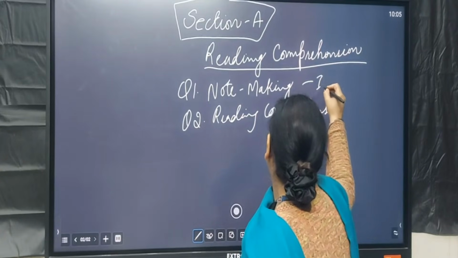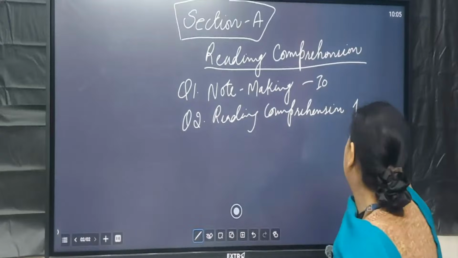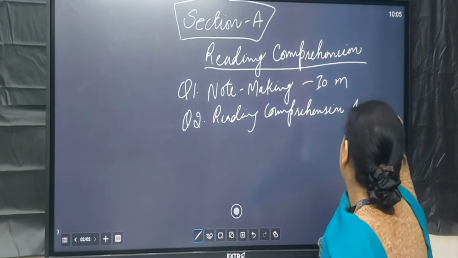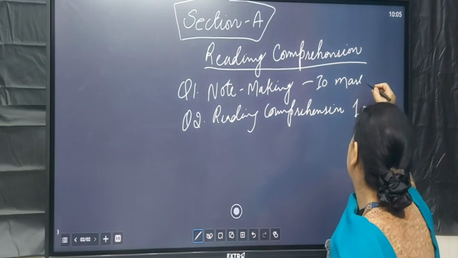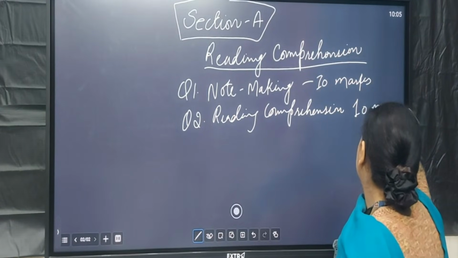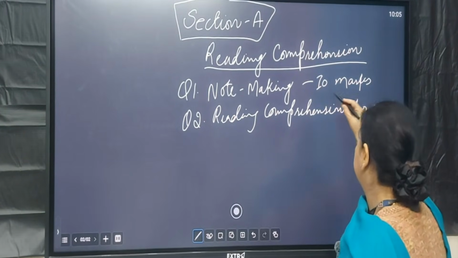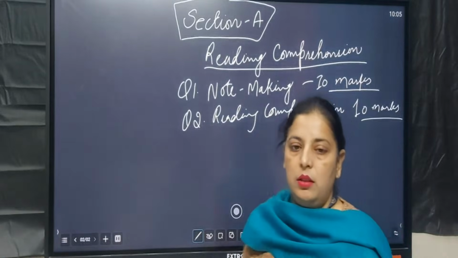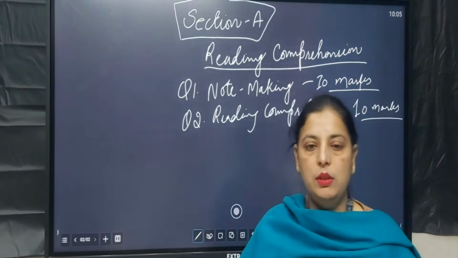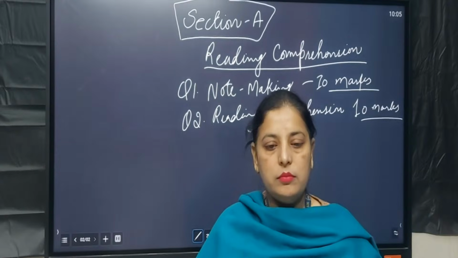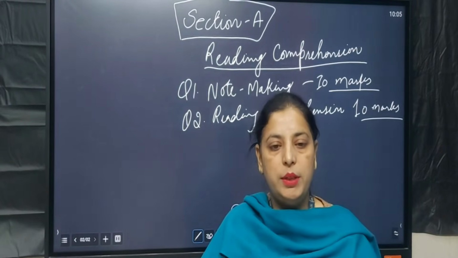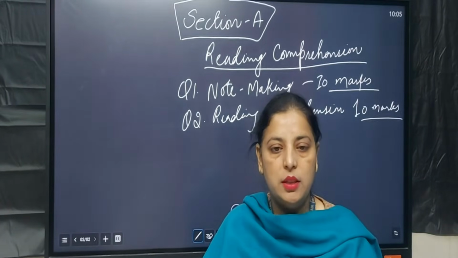It is of 10 marks and this is again of 10 marks. So beta, note making is of 10 marks.